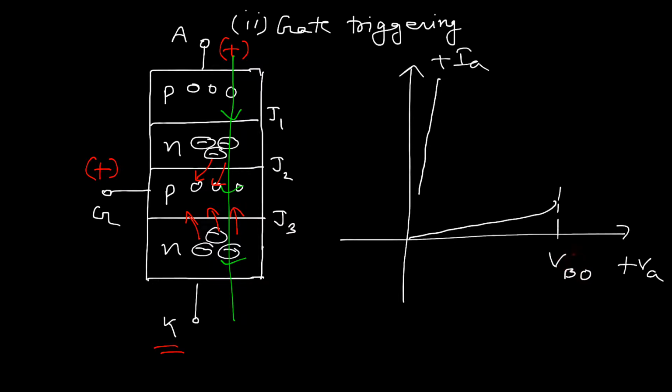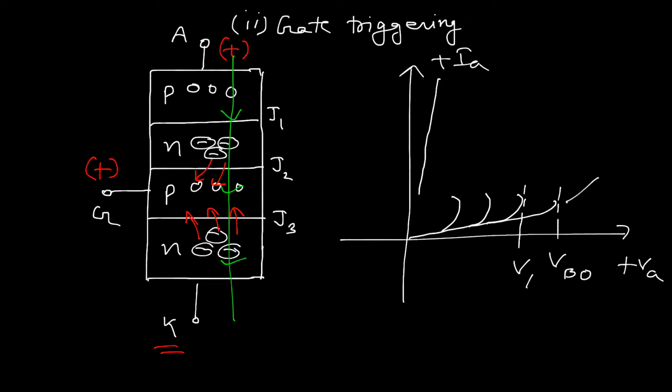volt. Now suppose we apply the gate signal across the gate, that means the breakover voltage should be reduced in this way. Again, if we increase the gate current, the breakover voltage should decrease in this way. So we can define it. Suppose the new value of breakover voltage is V1.